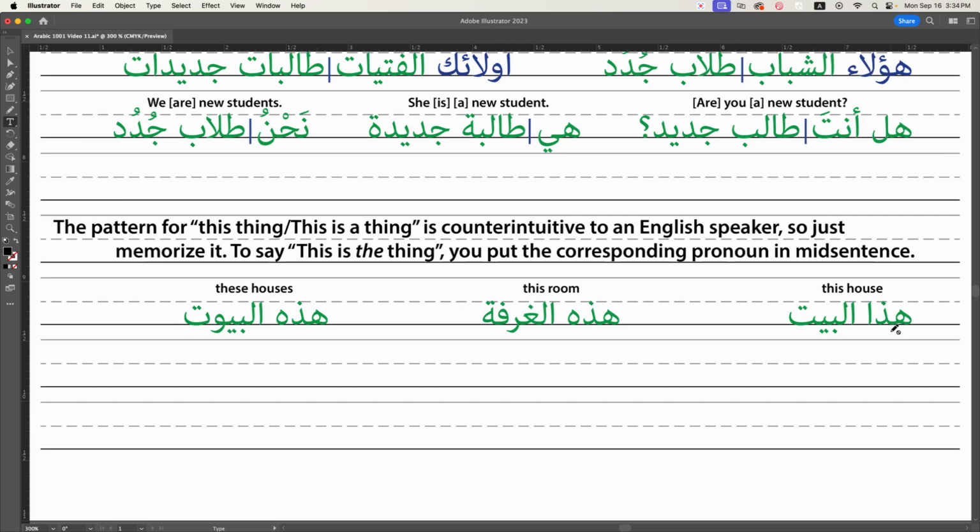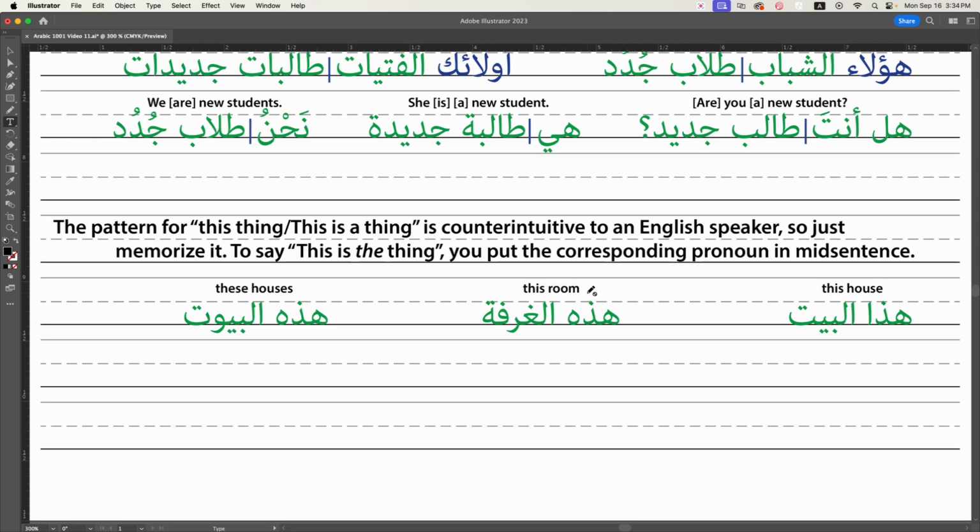And again, once you do it like 50 or 100 times, it will become second nature and it won't bother you anymore. Same thing if we have a feminine singular noun. So هذه الغرفة, not هذه الغرفة, but هذه الغرفة. So definite because it's a demonstrative, definite because of alif lam. Therefore, it's an ism sifa or phrase, not a jumla or sentence.